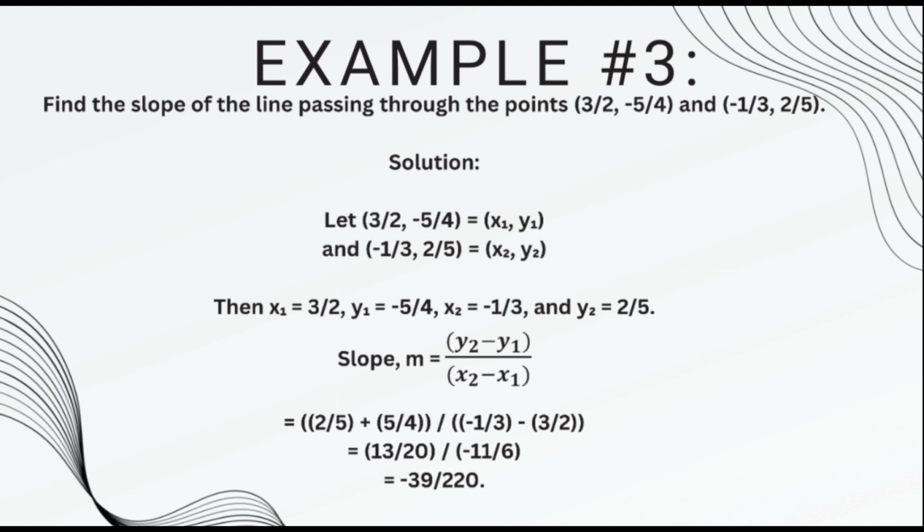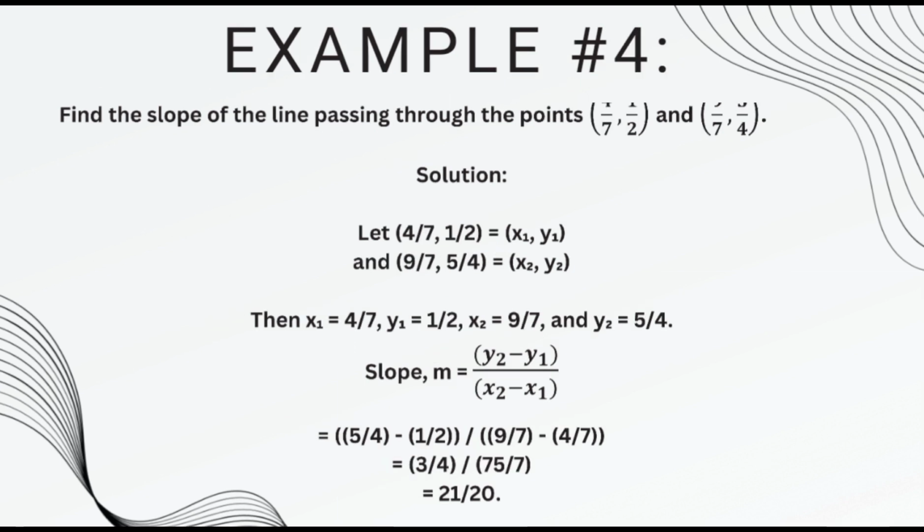So simplify first. 2/5 plus 5/4 will become 33 over 20, and negative 1/3 minus 3/2 will become negative 11 over 6. So our slope is negative 39 over 220.